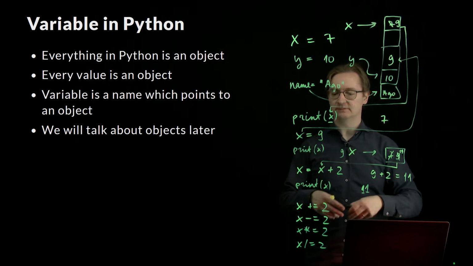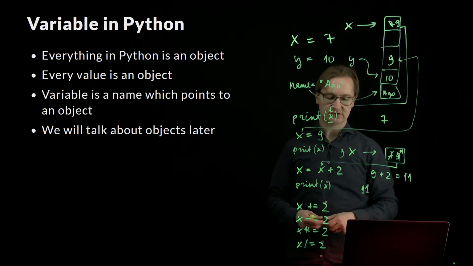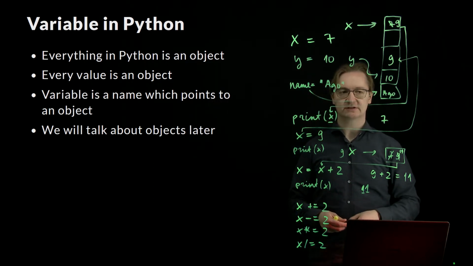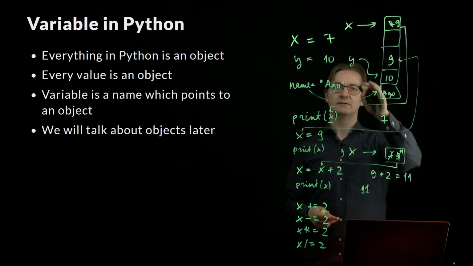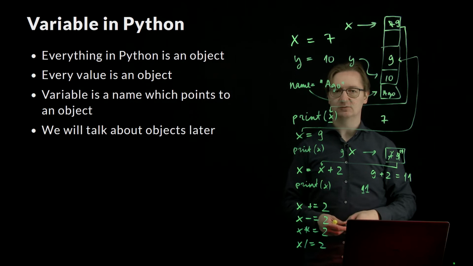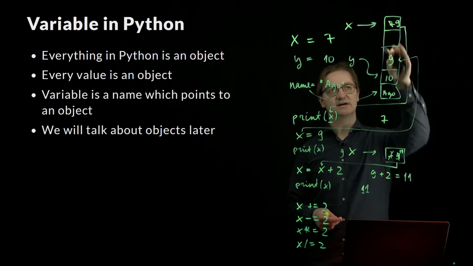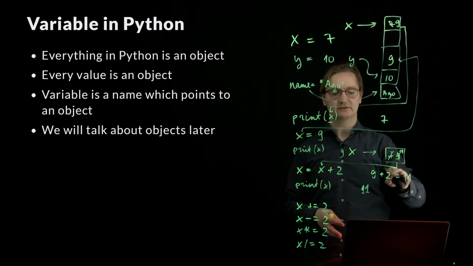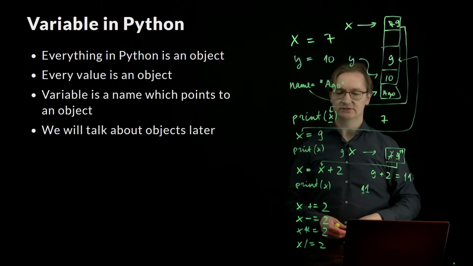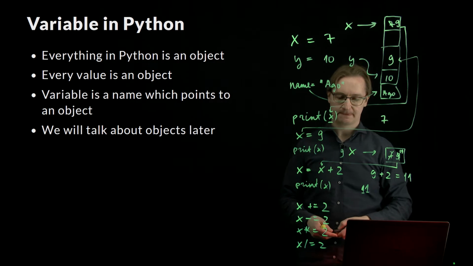This is a different topic in general, but it's nice to know that everything is an object, and everywhere we have variables, those point to objects. This 7 or 9 or 11 here, those are all objects. The name or the string or the text here is also an object.